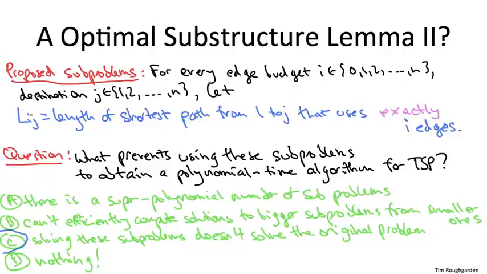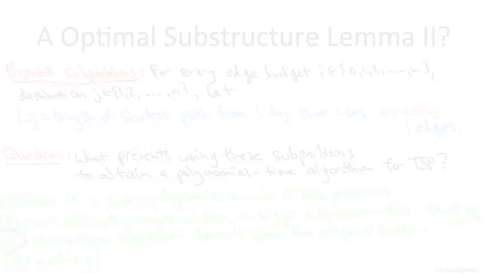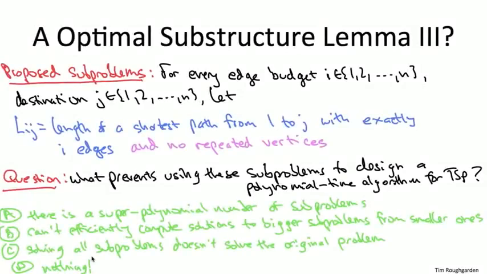A good algorithm designer is nothing if not tenacious, so let's just recognize the flaw in this proposal, that we're not enforcing the fact that you can't have repeat visits to a vertex, and let's just change the subproblems yet again to explicitly disallow repeated visits to a vertex. So precisely, let's index the subproblems in exactly the same way as before.